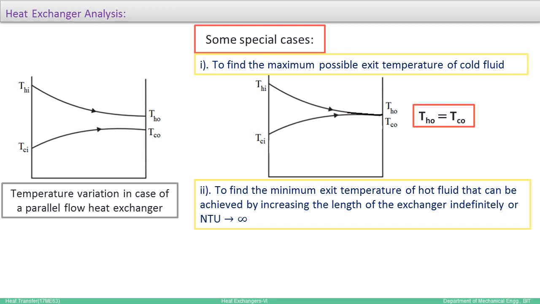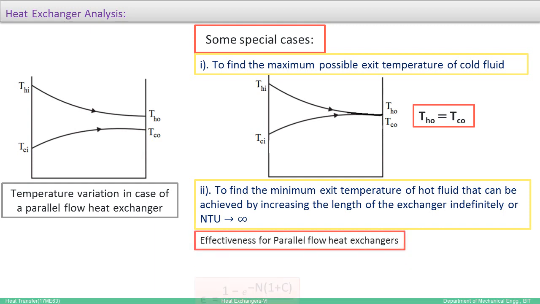This is achieved by increasing the length of the heat exchanger indefinitely. We know that NTU by definition is UA divided by C minimum, and A, the surface area, is directly proportional to the length. So for this condition to be achieved, NTU should tend to infinity.